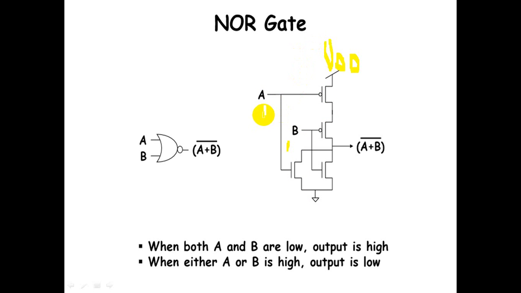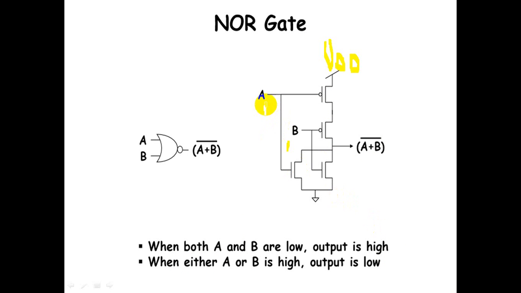When A receives 1, this bubble inverts it and it becomes 0. This one becomes open circuited. That means VDD does not get to the output. That's why when either of the inputs is high, output is always low.